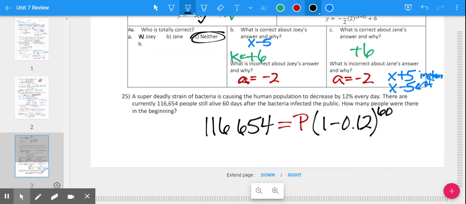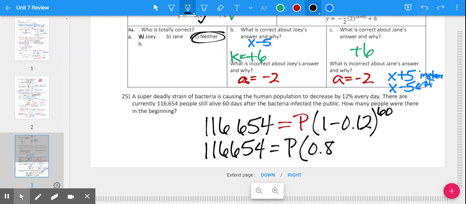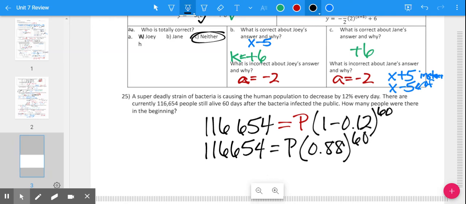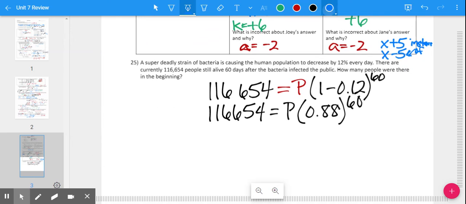So at this point, we have 1,116,654 equals P times 0.88 to the 60th. When you plug this into the calculator, which you guys won't have to do, I'm just going to give you the answer.